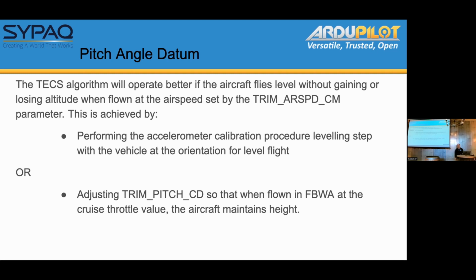So the comment is that there's a use case for quad planes, and that's a valid point, because you certainly do not want a quad plane that has a 0 pitch datum with the rotor discs angled backwards when it's in VTOL. So I would certainly recommend the second method for quad planes.